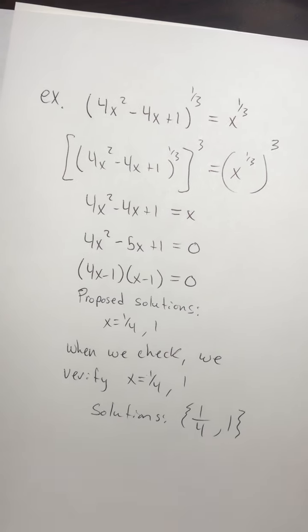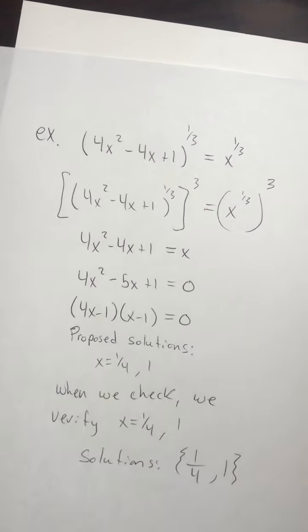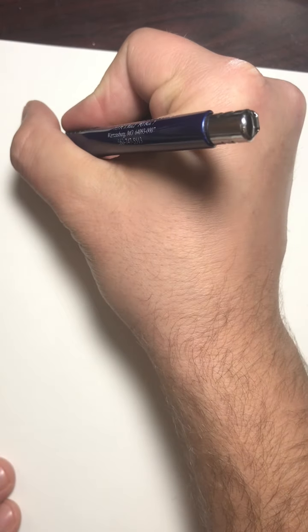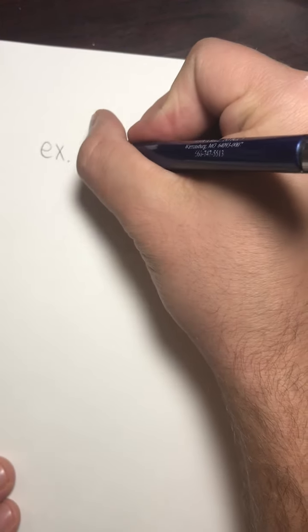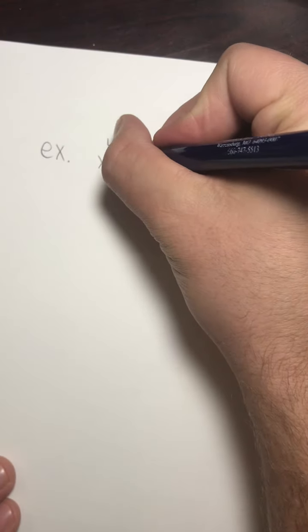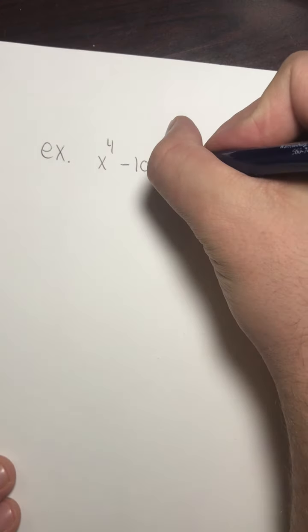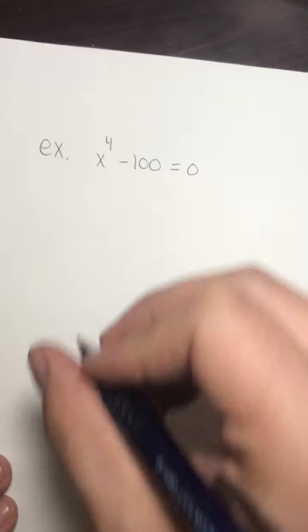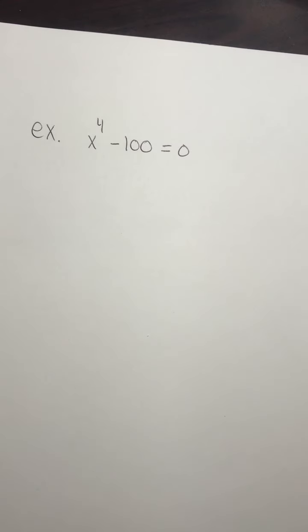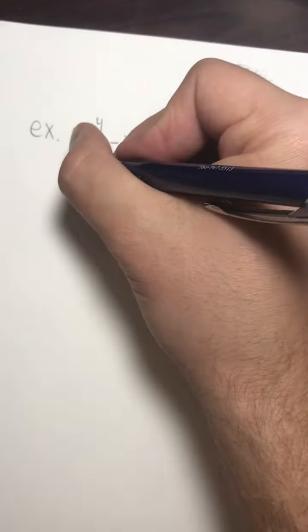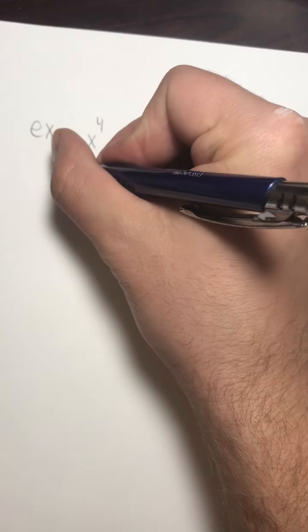And the last example, we're going to do what's called an equation in quadratic form. You just notice the pattern of ax squared plus bx plus c, and then we can substitute using something to the second power and then solve from there. So we notice that x to the 4th is a quantity squared.